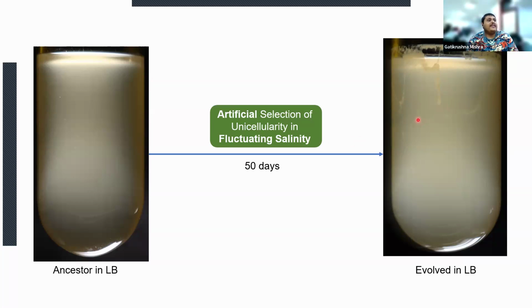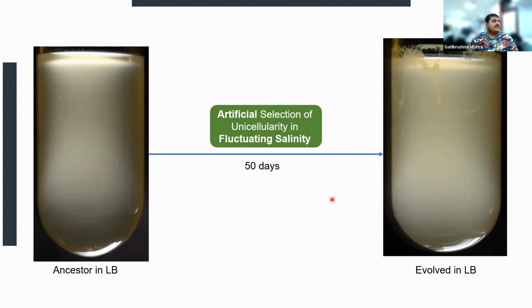You would never expect the evolved bacteria to become constitutively multicellular, but such is the curious case of adaptive plasticity: if a plastic phenotype is very adaptive, it would get constitutively expressed irrespective of the direction of selection. So even though we selected for unicellularity, somehow it could also become multicellular even without induction.